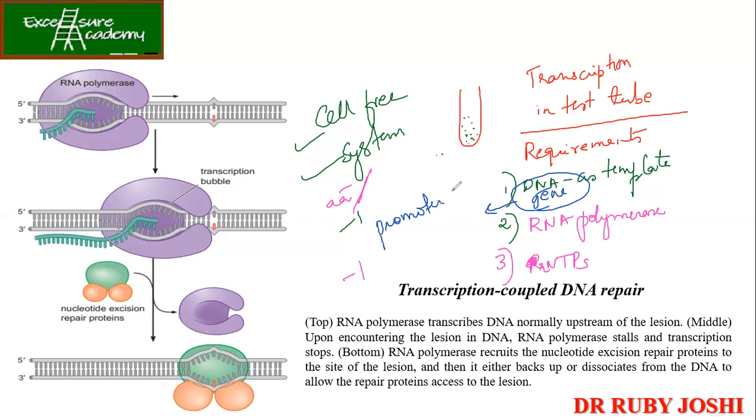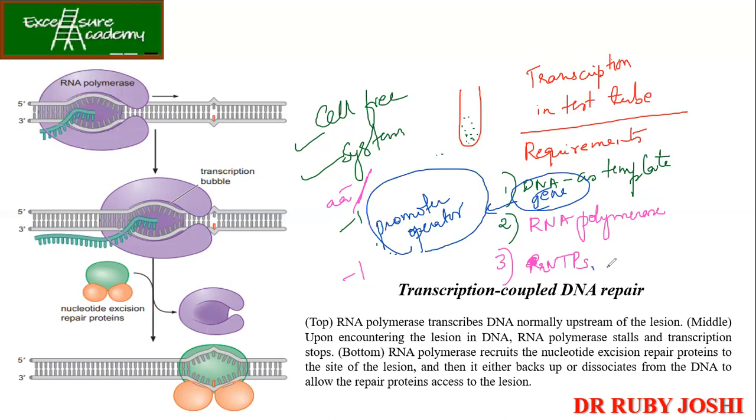So a promoter will be needed, and in some cases an operator will be there. So all those protein requirements which will go and bind to the promoter operator region, so that the RNA polymerase or the transcription initiation complex can form, all those requirements, you guys have to tell.